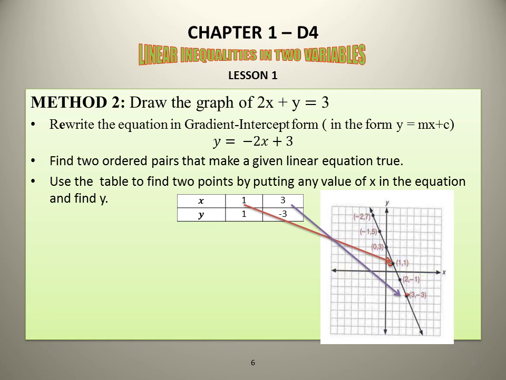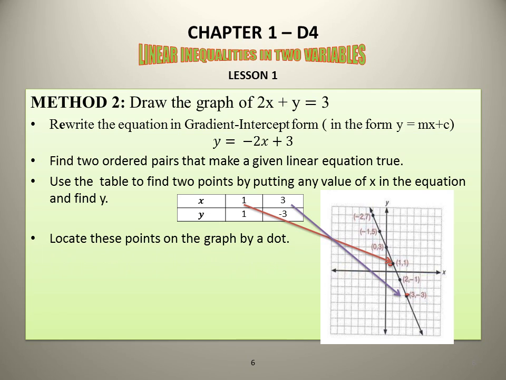I have taken x is equal to 1, and minus 2 multiplied by 1 is minus 2, plus 3 is equal to 1, so y is 1. I have taken the other point x is 3, multiplying 3 by minus 2 is minus 6, plus 3 is minus 3. You can take some other points also. You need at least 2 points, but you can take more than 2 points also.